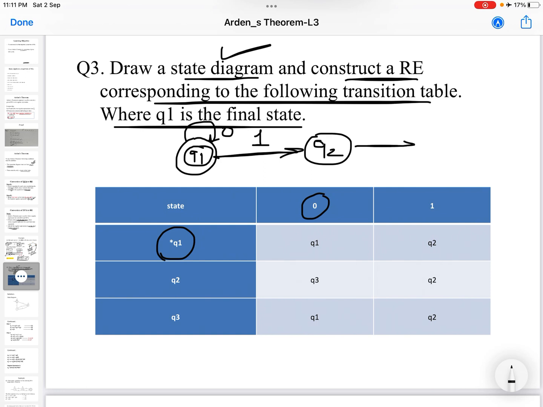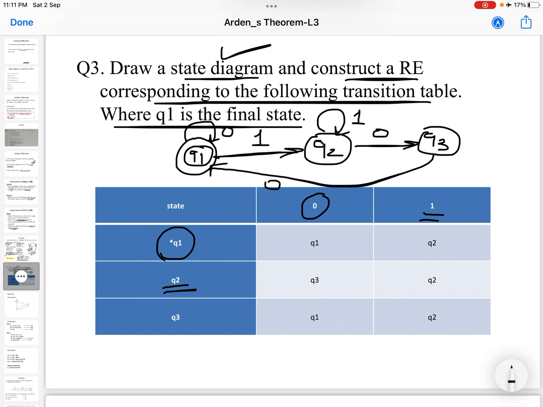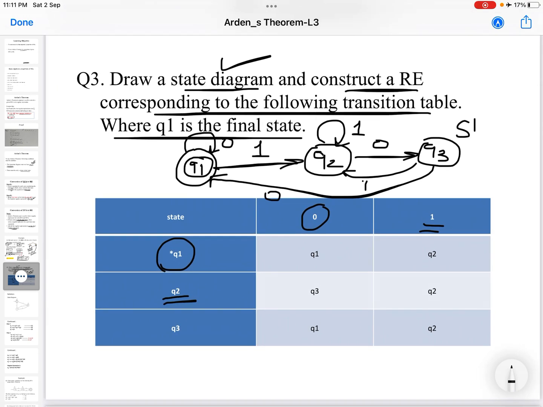Q2 on 0 goes to Q3. Q2 on 1 goes to Q2 itself. Q3 on 0 goes to Q1, and Q3 on 1 goes to Q2. So this is the state diagram.